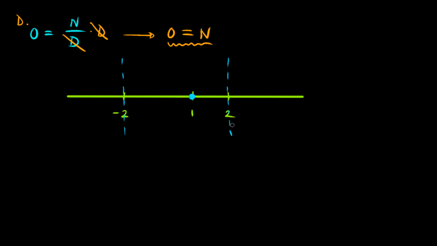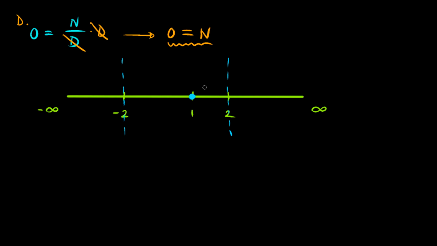What you essentially have here is intervals. You have this interval here, which extends from negative infinity all the way to negative 2. That would be interval 1. And then from negative 2 to 1 is another interval. 1 to 2 is another interval. And then 2 to positive infinity would be another interval. What you need to do is pick an x value in each of these intervals.